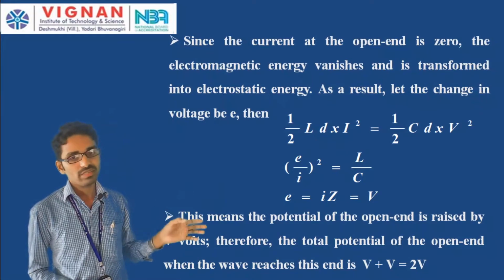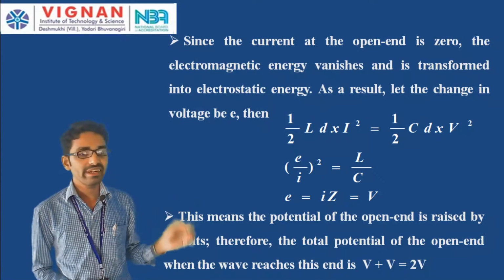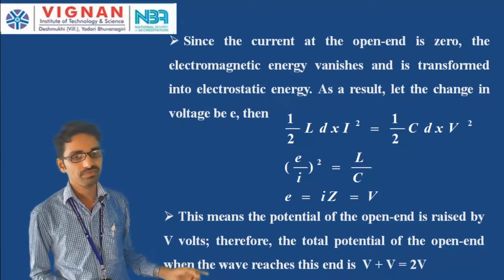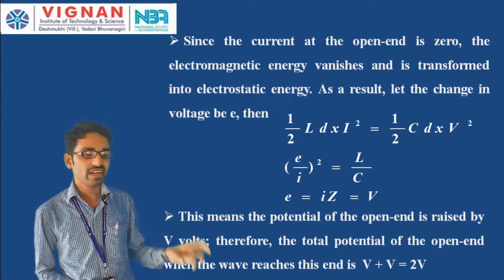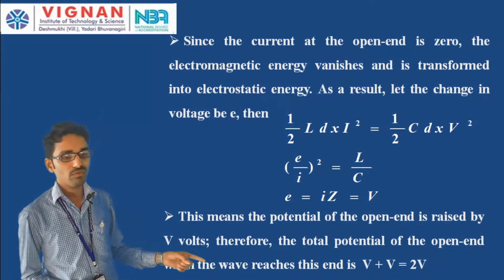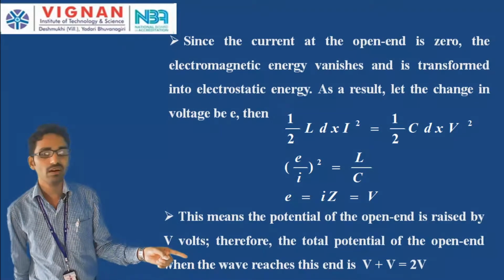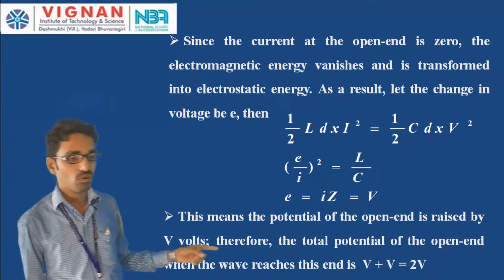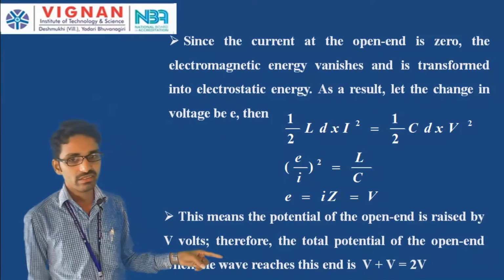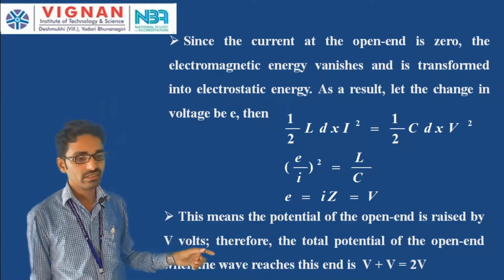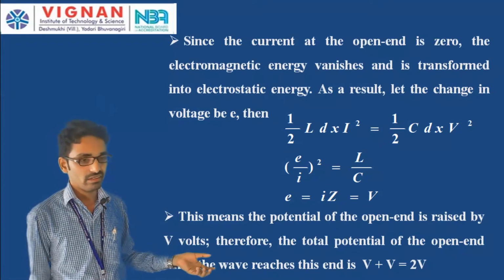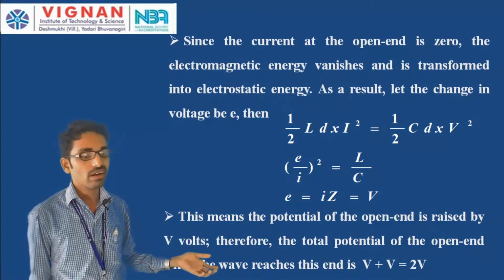This means the potential at the open end is raised by V volts. Therefore, the total potential of the open end, when the wave reaches the end, is as follows.